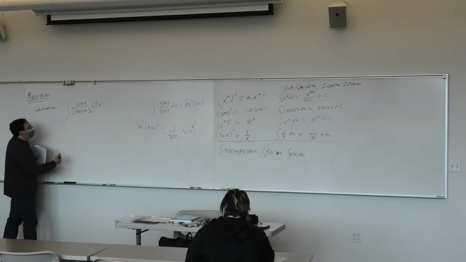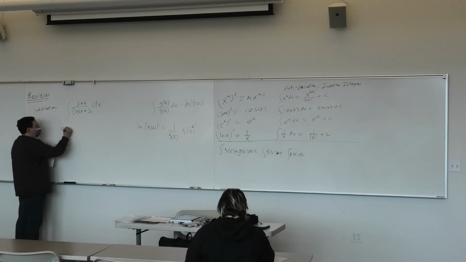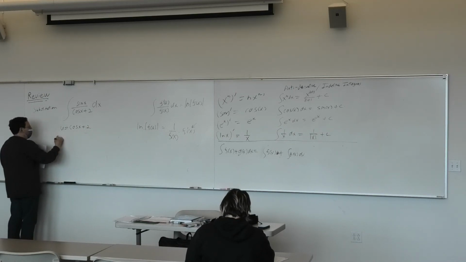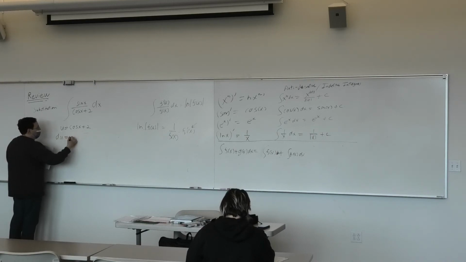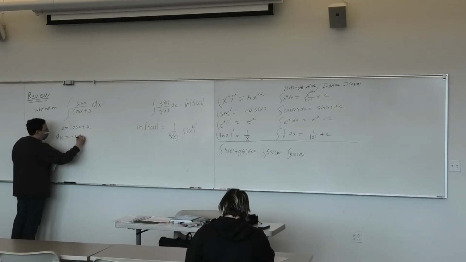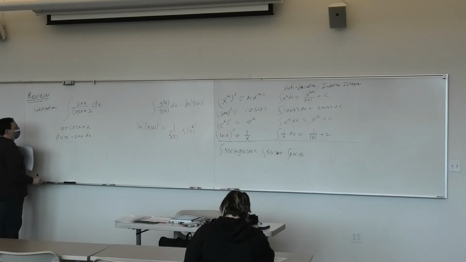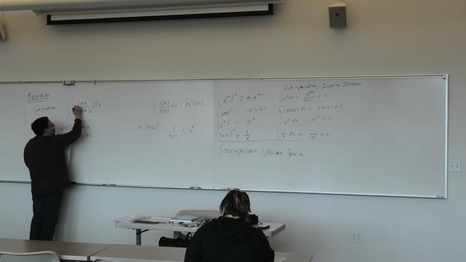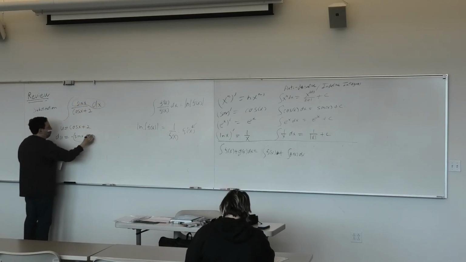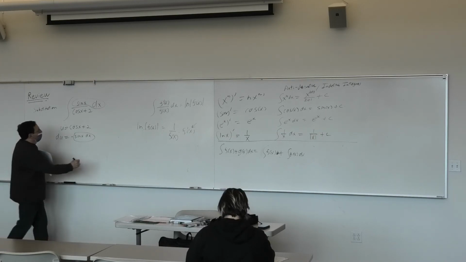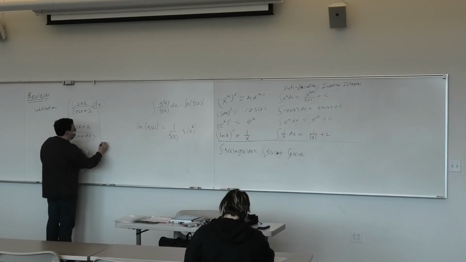So how do we go about this? Well, we managed to pick an appropriate substitution. Let's set u equal cosine of x plus 2, and find the derivative of u in terms of x. That's going to be negative sine of x dx. And we notice that sine of x dx is exactly what we have here. So we can substitute.